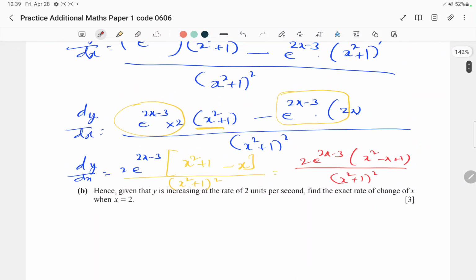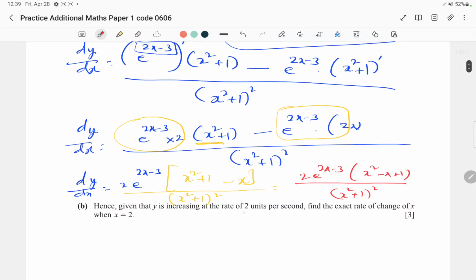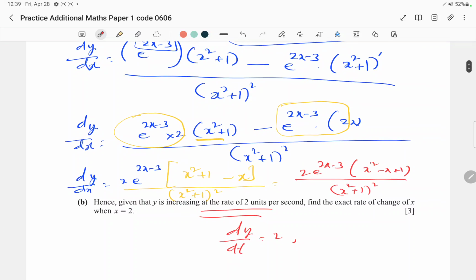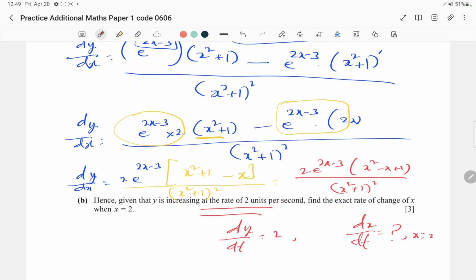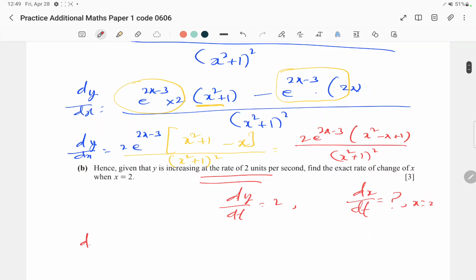Hence, given that y is increasing at the rate of 2 units per second, it means dy over dt is given to us, that's 2, and find the exact rate of change of x when x is 2. It means they are asking us to find dx over dt where x equals 2.